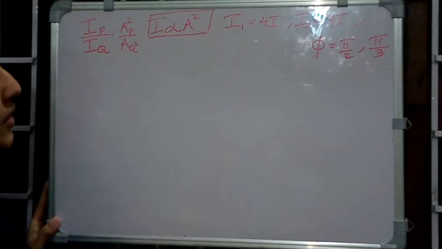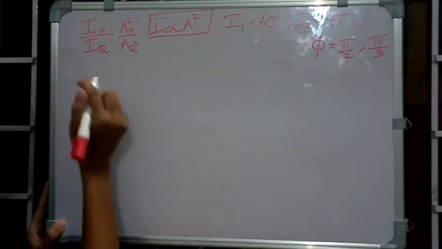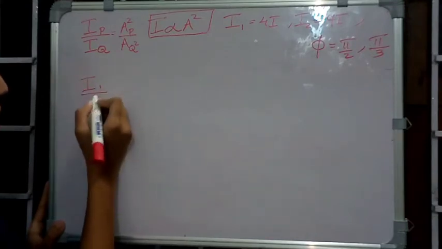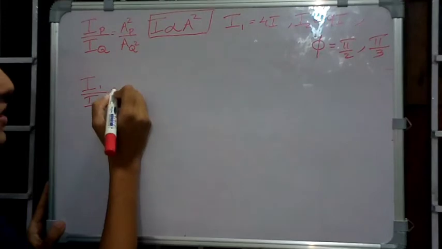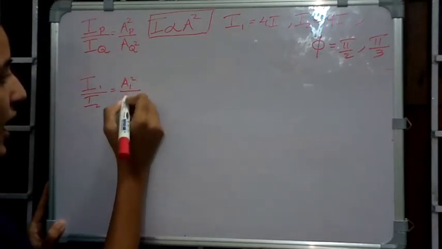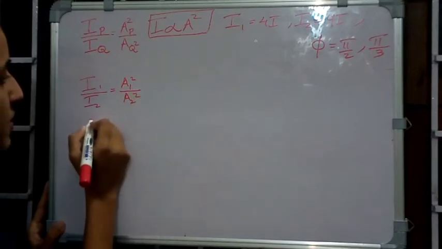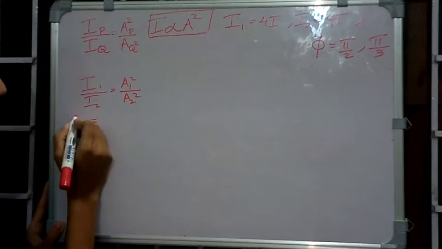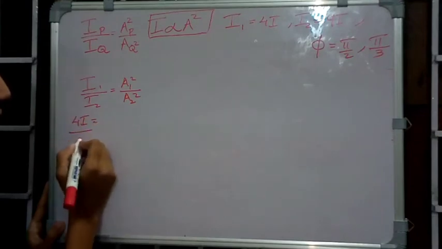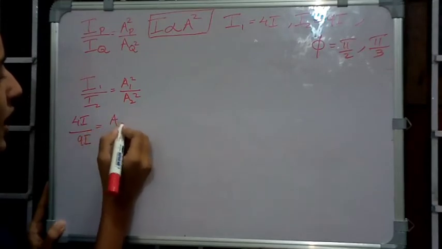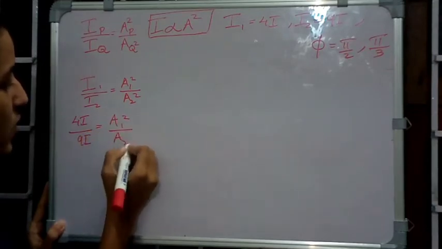Here we are provided with the I values, that is the intensity of both the light beams. So I am taking the ratio of both the light beams, that is I1 by I2, which will be equal to A1 square by A2 square. Here substituting the values of I1 and I2, we get 4I by 9I equal to A1 square by A2 square.